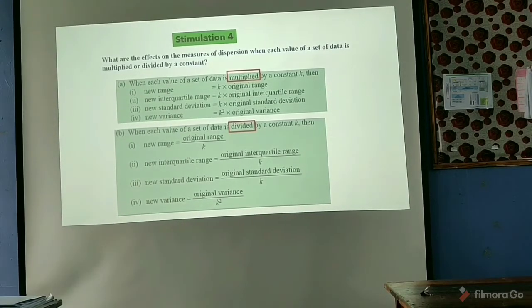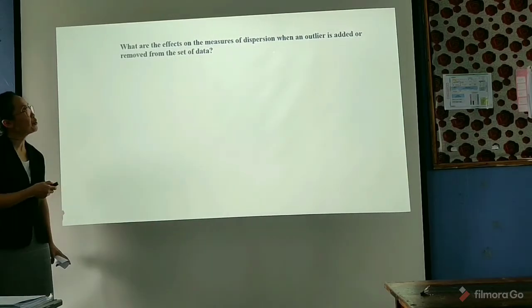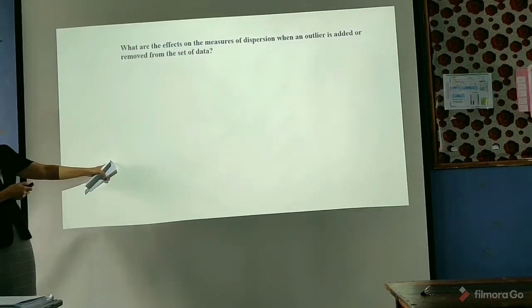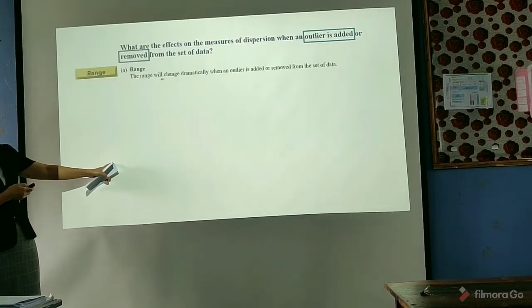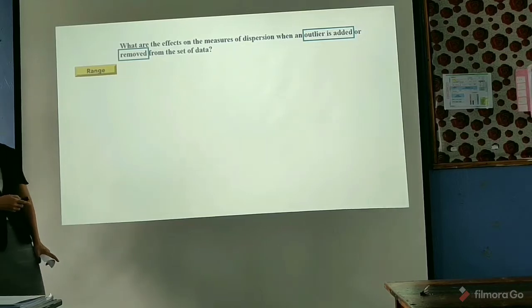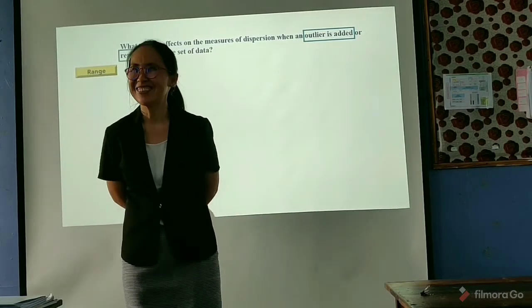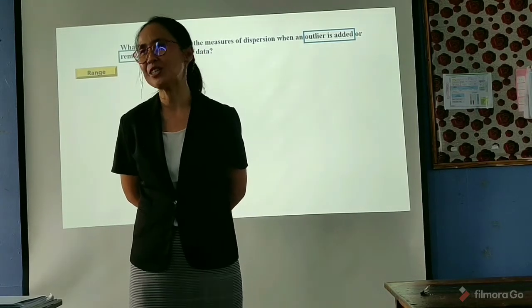Okay. Next. What happens to the dispersion when you add an outlier? Here, an outlier is added or removed. Can you guess? Give me a wild guess. What happens to the range, IQR, everything?